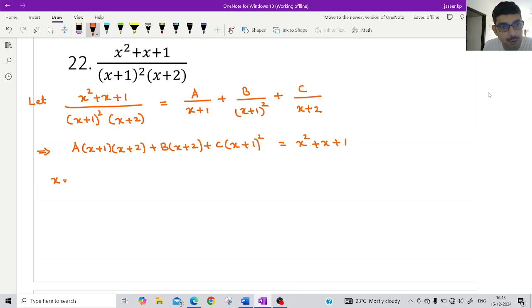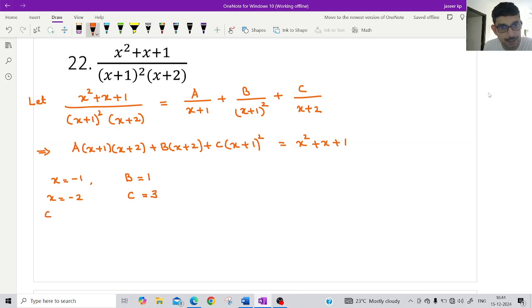If x equals minus 1 is substituted, b will come as 1. When x is taken as minus 2, c will come as 3.